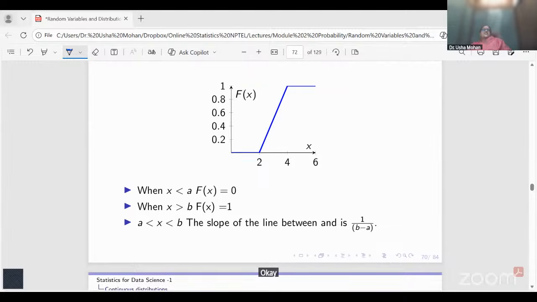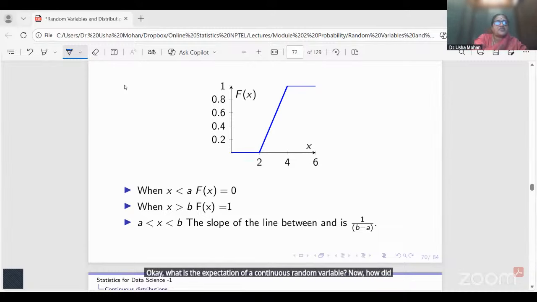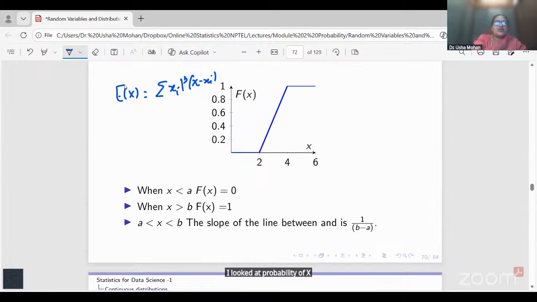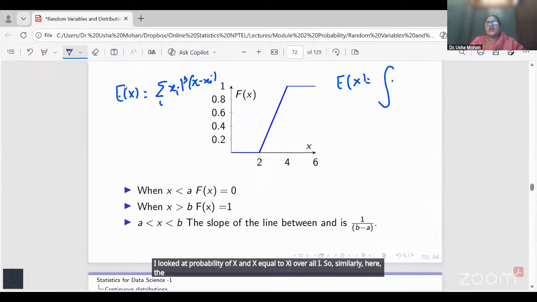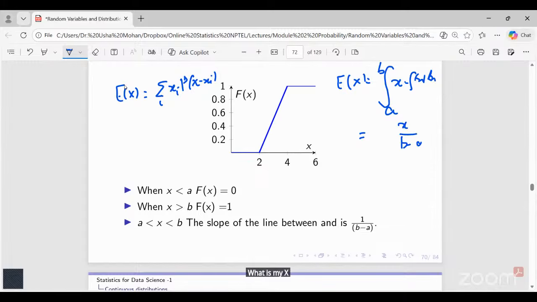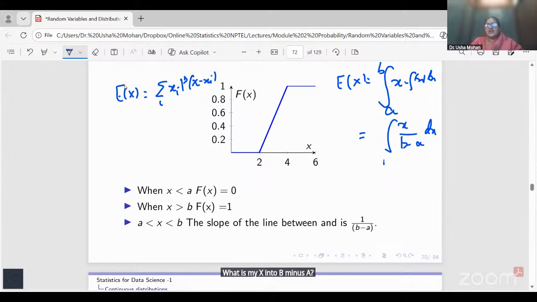Okay. What is the expectation of a continuous random variable? Now, how did I find the expectation of a discrete random variable? I looked at probability of x equal to xi over all i. So similarly, here the expectation would be x into f(x) dx over a to b. So what would this be? x into 1 by b minus a dx from a to b.